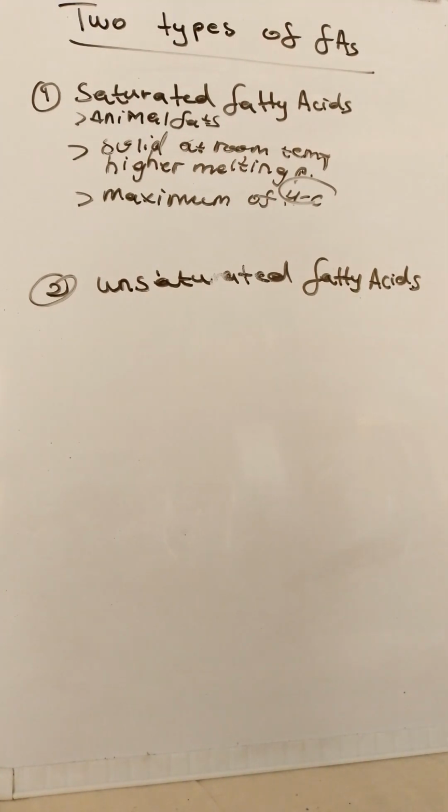A question may arise asking you to briefly explain the physical properties of the saturated fatty acid at room temperature. You have to make sure you mention that saturated fatty acids are solid at room temperature, they have a higher melting point, and they have a maximum number of hydrogens bonded to carbon, so you can pick up the structure easily, and they consist of single bonds.